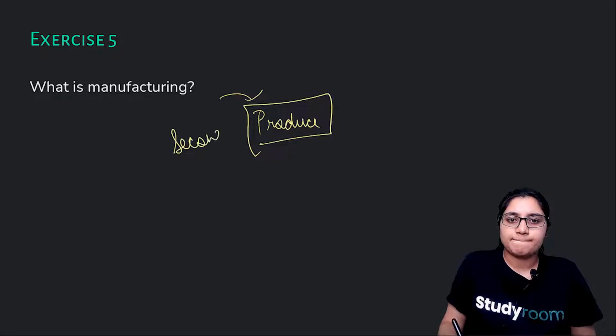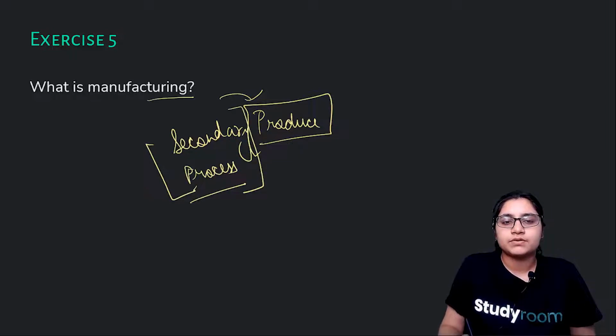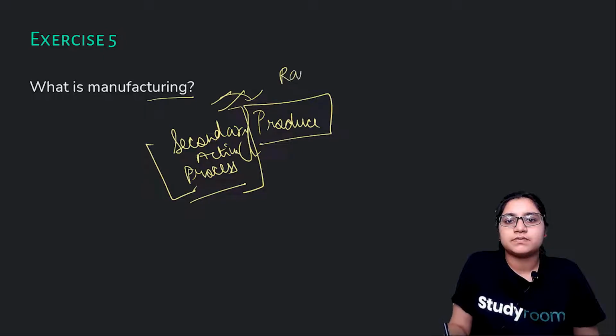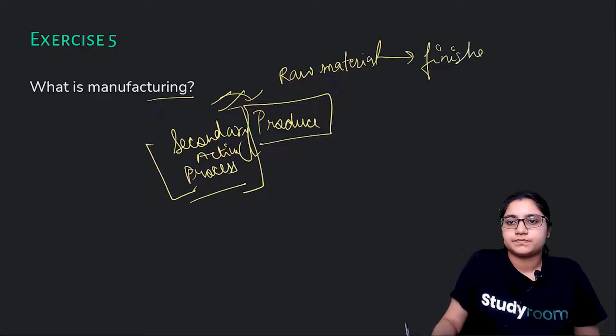Here, it is a secondary activity, we can say, and here the production from raw materials is done to produce a finished product. Alright.